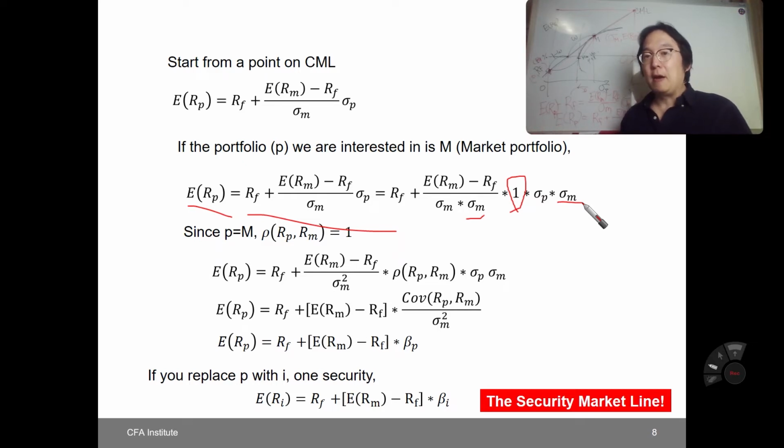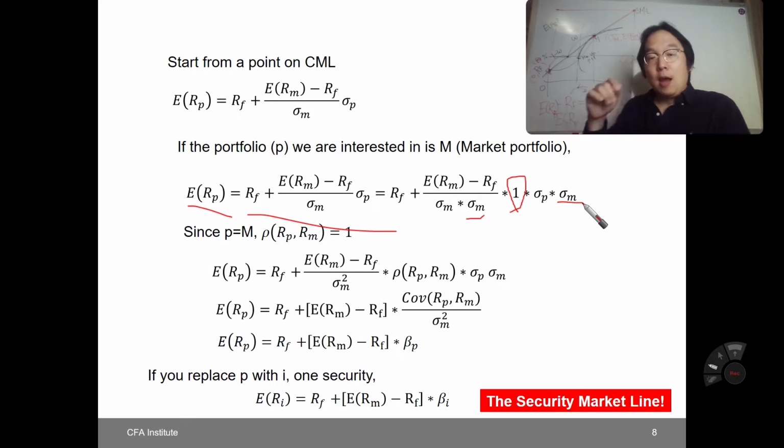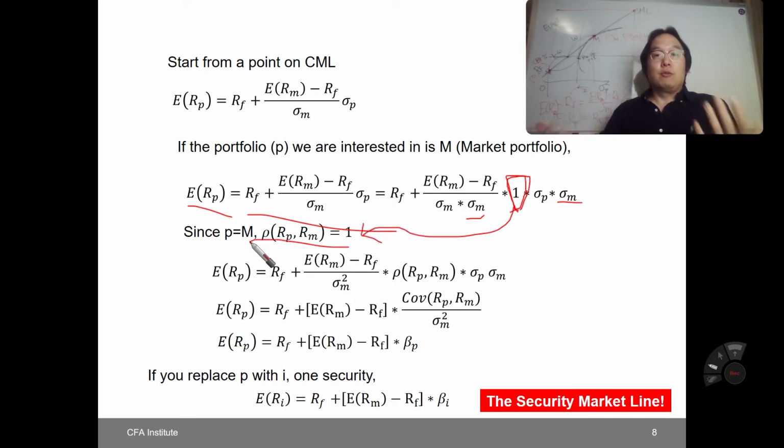So for that purpose, we bring in the standard deviation of return, or market portfolio's risk, market risk, sigma m, right over there. You will see why we need this. And for 1, that we brought in over here, here's the reason why. This portfolio that we introduced is this market portfolio, the portfolio that we are interested in.